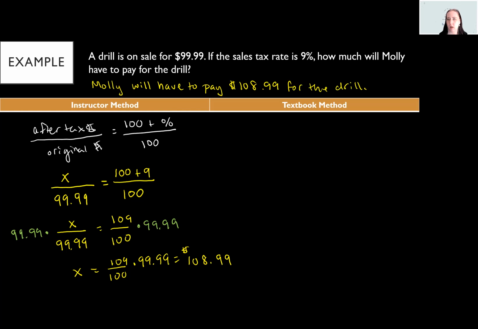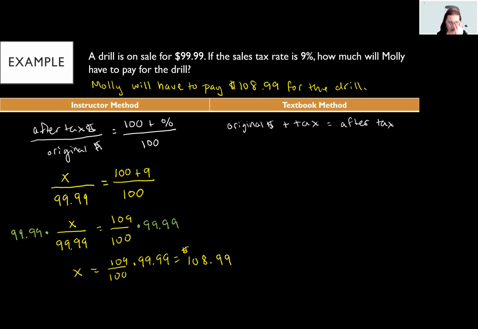Okay. So the way that the textbook would do this is that it would have the original price. You're adding on tax, and then that is your after tax amount.